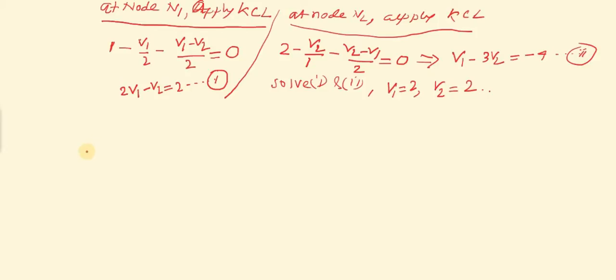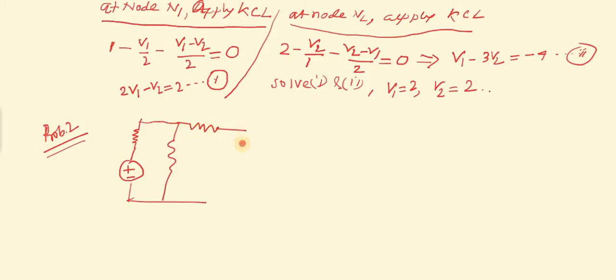Take another problem. So this is another problem, and say this is the circuit. It is the voltage source, this is a resistance, here is also a resistance, and then a current source.